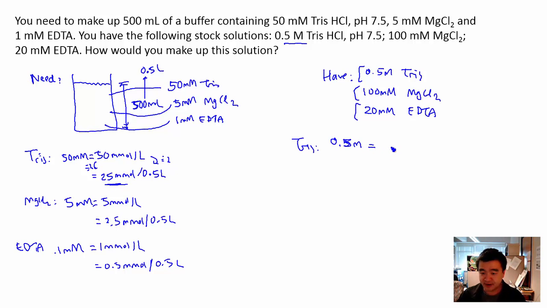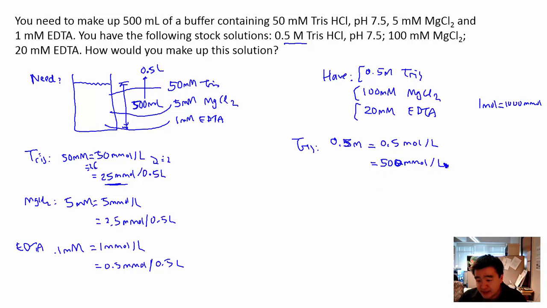So 0.5 molar can be expressed as 0.5 moles per liter. 1 mole is 1,000 millimoles, which means 0.5 moles is 500 millimoles. So 500 millimoles per liter is essentially the same as saying 0.5 molar.